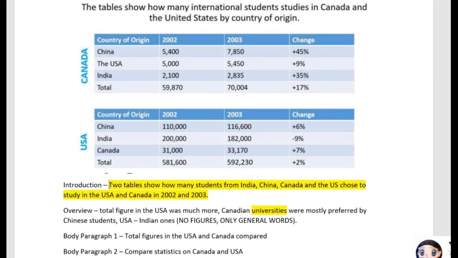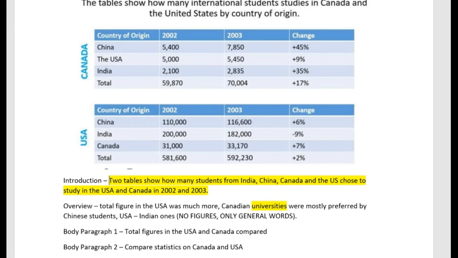Yes, you can, but in this way, your comparison will be a bit complicated and you won't show comparisons, which is very important. So total figures in the first paragraph and compare statistics in the USA and Canada in the second paragraph.